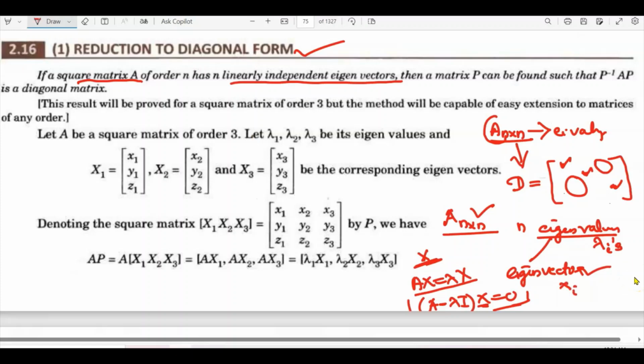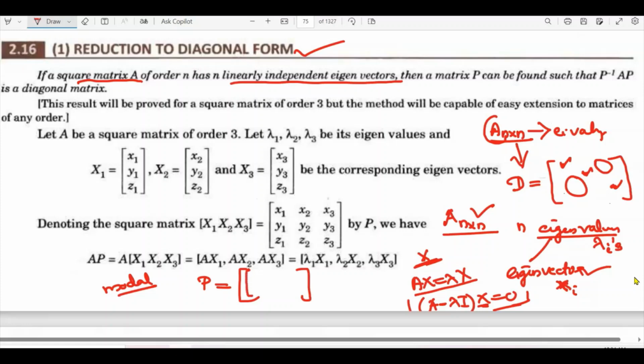Now this matrix is what we call the modal matrix. The modal matrix is the eigenvectors matrix. That means we take the eigenvector corresponding to each eigenvalue and put it in a column.